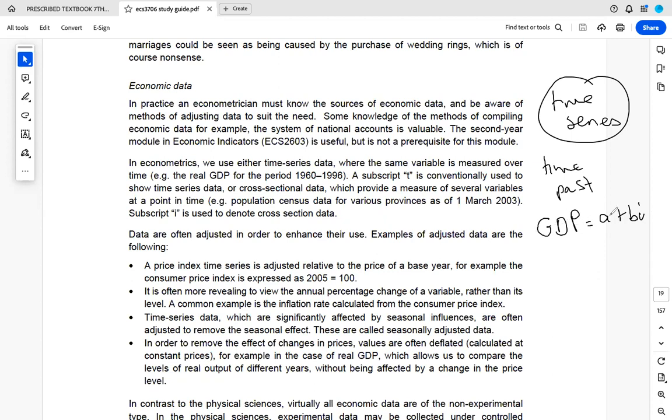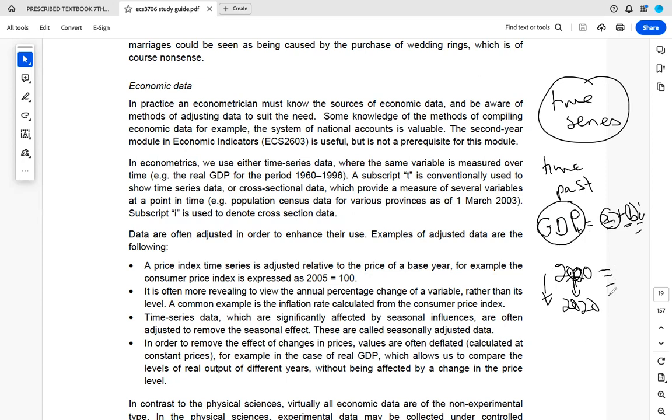In this case, to help us to estimate A and B, we might go and look at historical values of GDP, maybe over the last 20 years, from 2000 maybe to 2020. Let's say we are working with this time interval. We can look at historical data from 2000 to 2020 for our GDP and also for the level of interest rates. Then we can use that data to help us to predict the parameters of A and B.